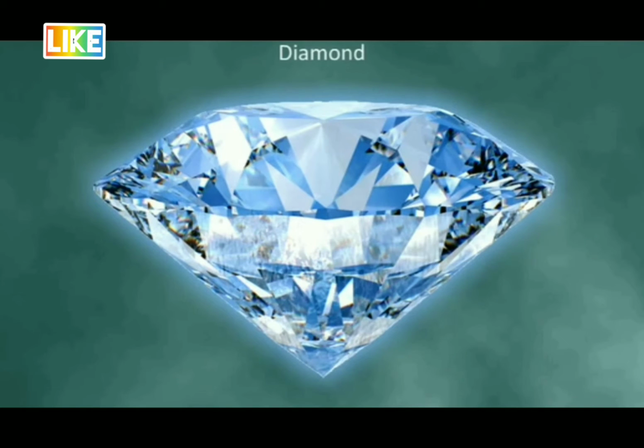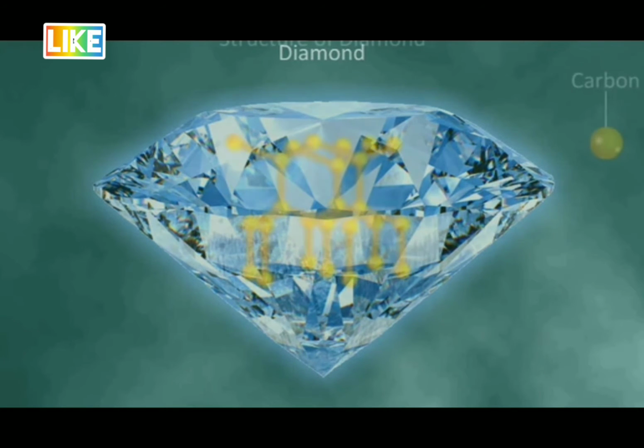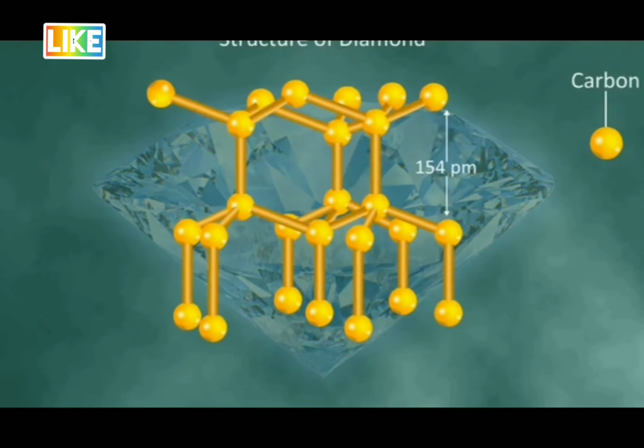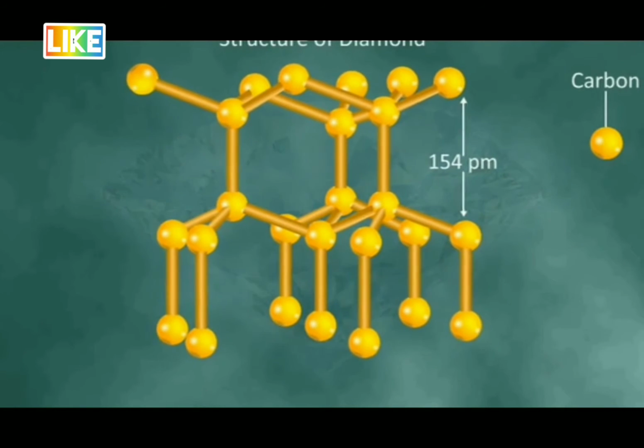Diamond is an allotrope of carbon in which carbon atoms are sp3 hybridized, and it has a network structure consisting of a large number of carbon atoms bonded to each other. It can be seen in the animation that each carbon atom is bonded to 4 other carbon atoms by single covalent bonds.